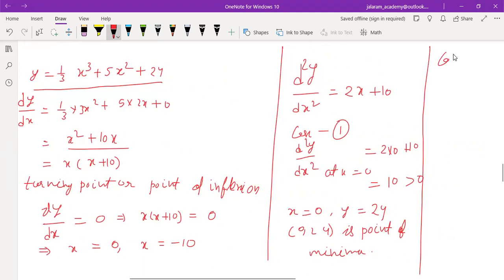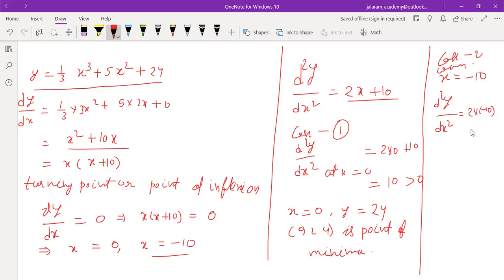Now we will discuss the second case, when x equals minus 10. And again, if we find d2y by dx square at this point, substitute in 2x plus 10. So 2 into minus 10 plus 10, it is minus 20 plus 10, that is minus 10.